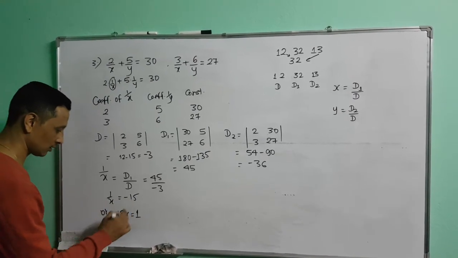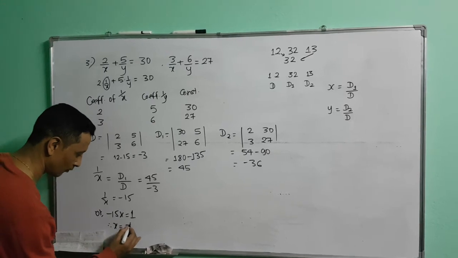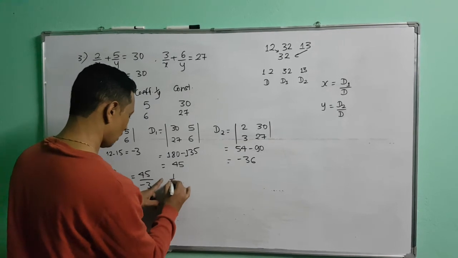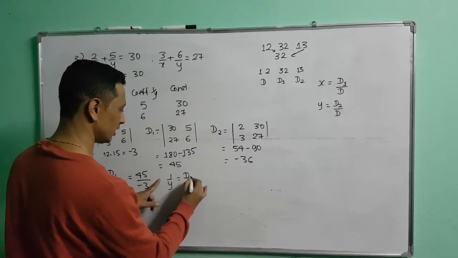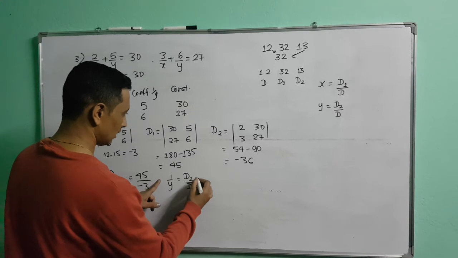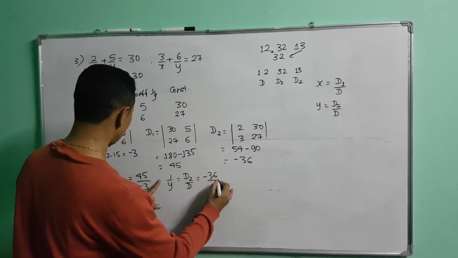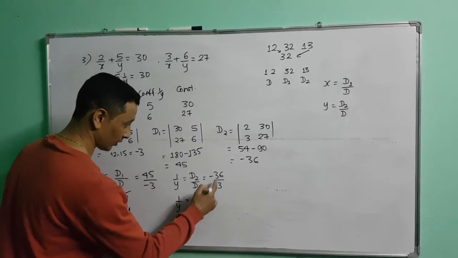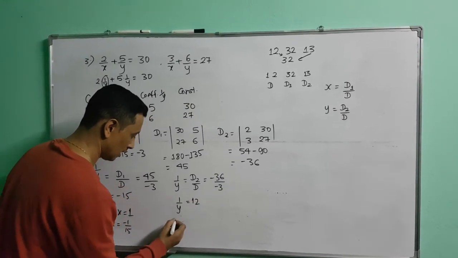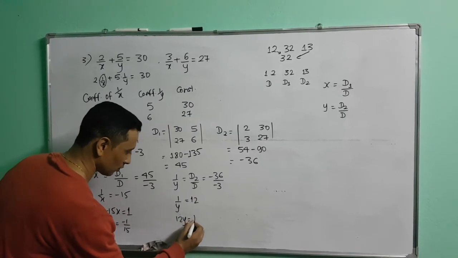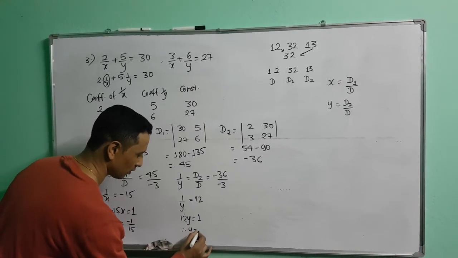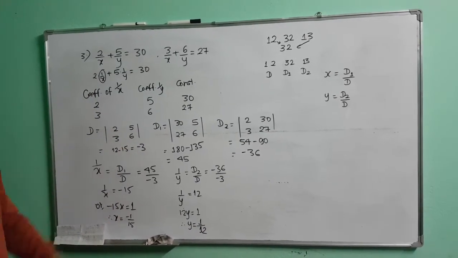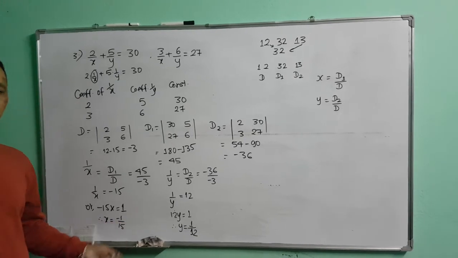We did cross multiplication, therefore x equals to minus 1 by 15, and 1 by y equals to D2 by D. This is minus 36 by minus 3, or 1 by y equals to 12, or 12y equals to 1, and y equals to 1 by 12. Okay, simply by using determinants we found the value of x is minus 1 by 15 and y is 1 by 12.